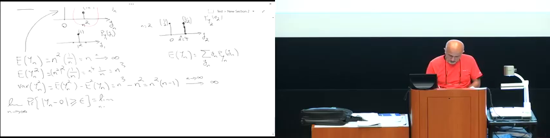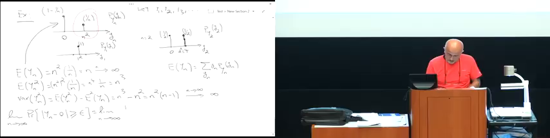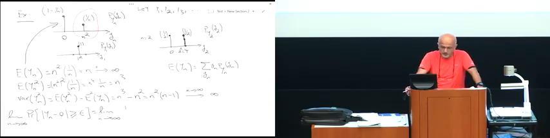What is that probability? What does this probability translate to in terms of that diagram? How do I measure this probability? How do I figure out what the exact expression for that probability is?